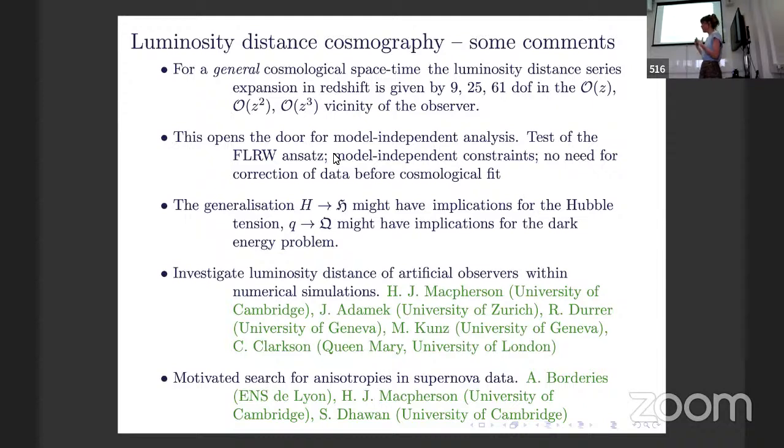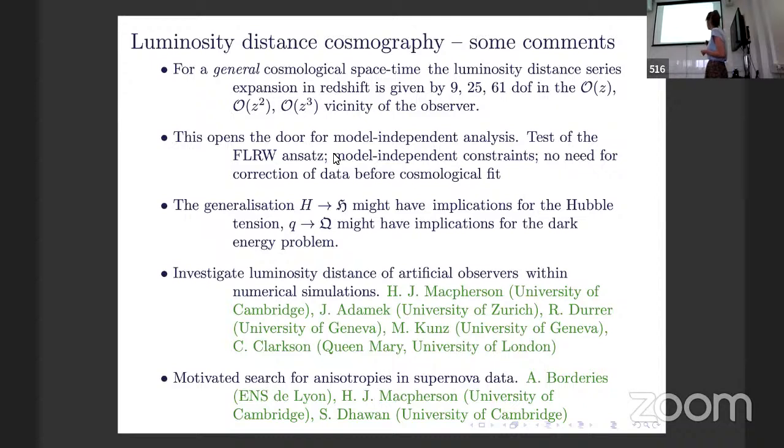It allows for testing the validity of the FLRW ansatz on various scales, and for doing model-independent constraints of kinematic and curvature variables that we are interested in knowing about in cosmology.